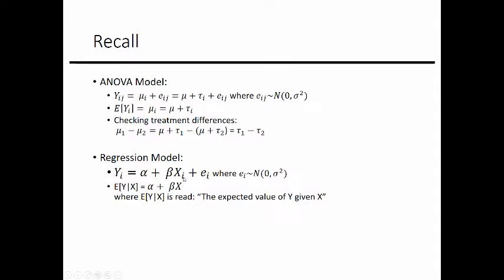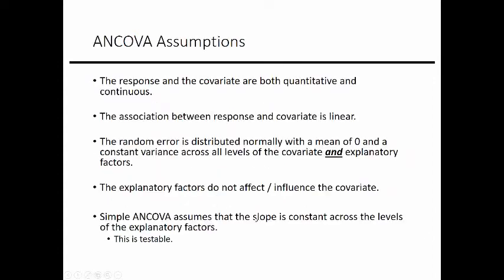If I take the expected value of y given some value of x, it is going to be equal to my y-intercept plus my slope effect, or the coefficient, if you will, of x. And that gives me my expected value at that point. So in other words, the expected value in regression slides based on what the value of x happens to be. And again, that's just read as the expected value of y given x.